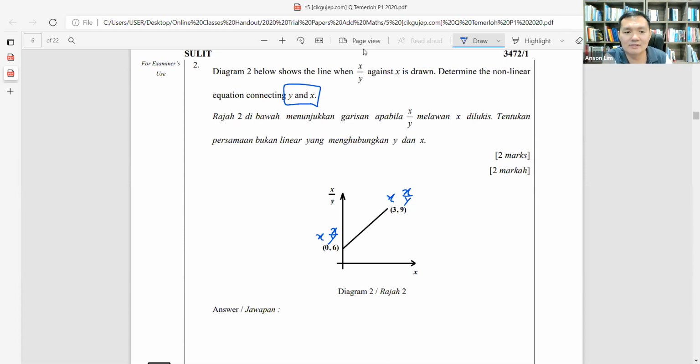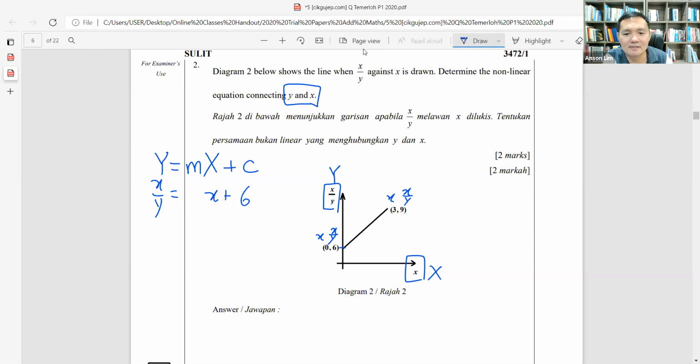Because if you start with the linear law, remember Y equals mX plus c. This is big Y. This is big X. So you can replace, okay, big Y is x over y. Big X is x. Y-intercept is 6.